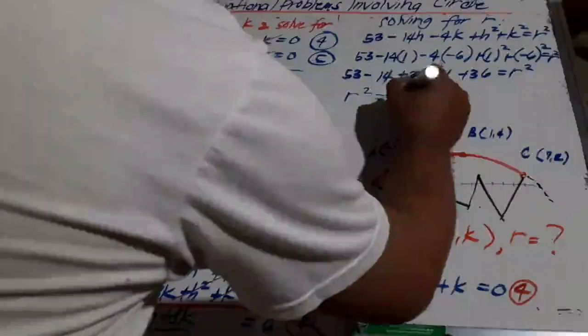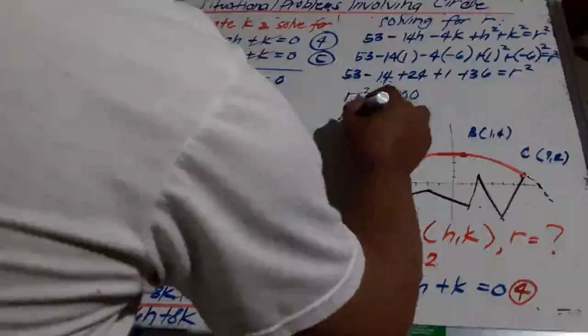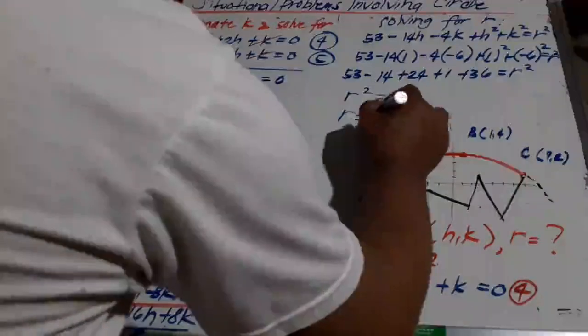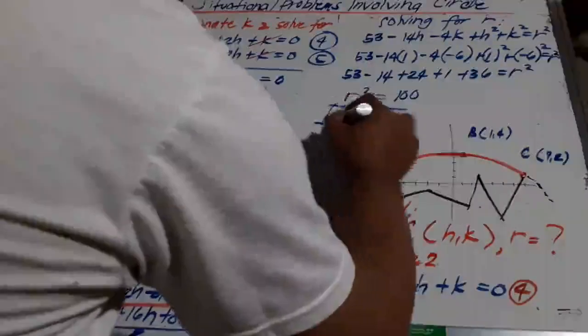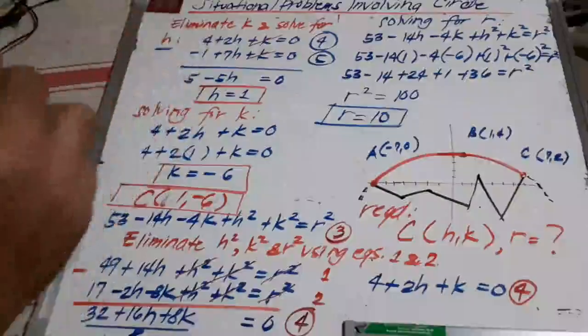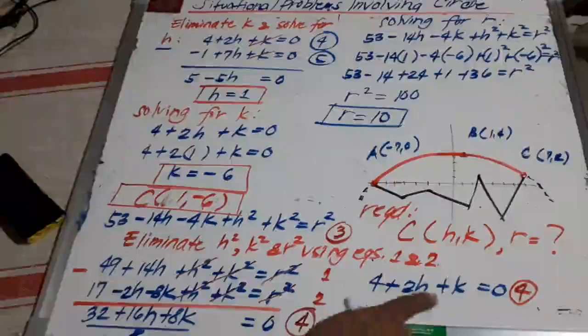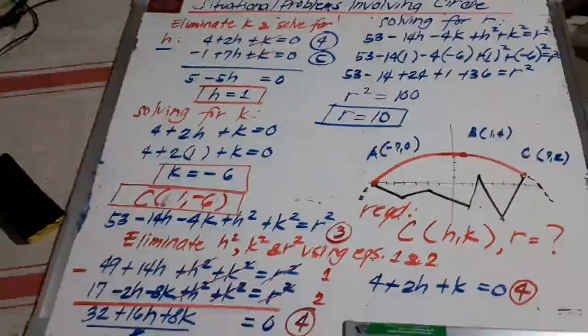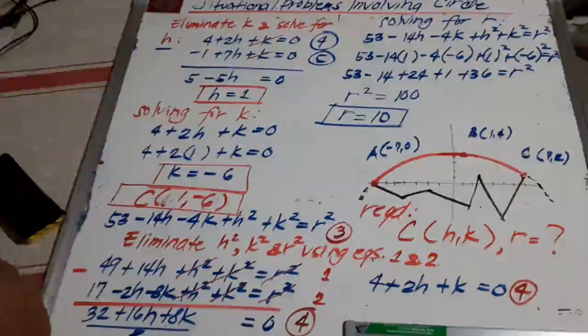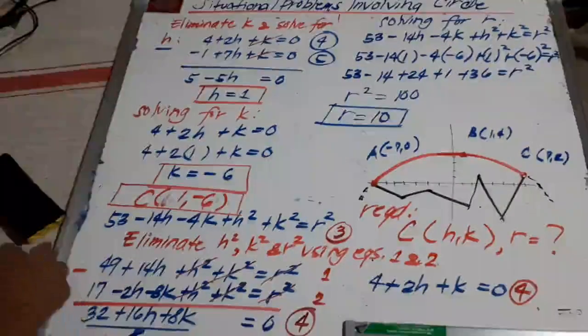So r squared equals 100. Therefore, the length of the radius is equal to 10. Yeah. So nakuha na natin yung center. Nakuha na natin yung length of the radius. Pwede na nating makuha yung standard equation ng circle.